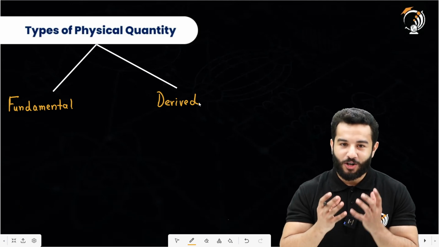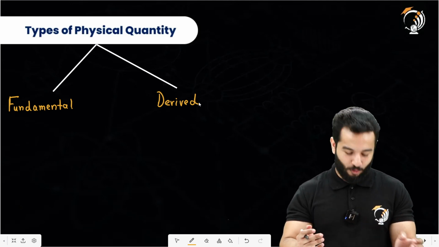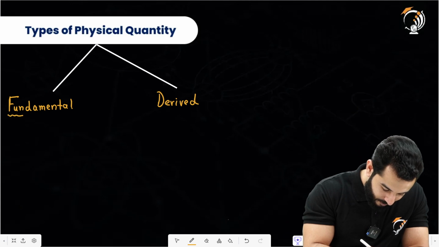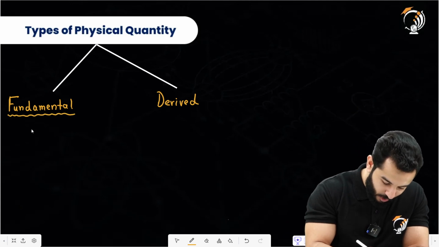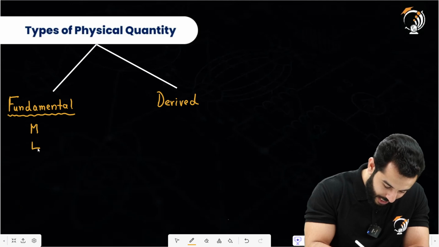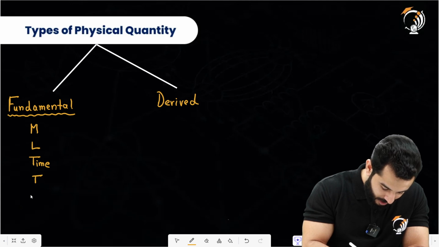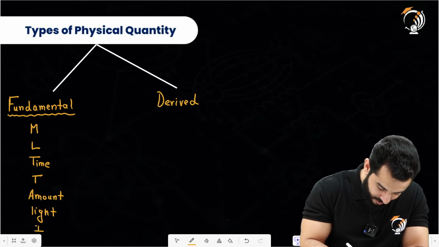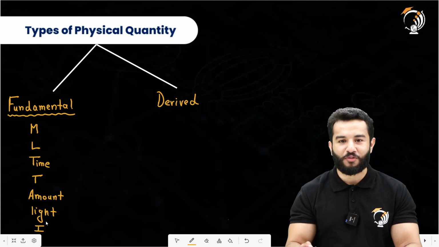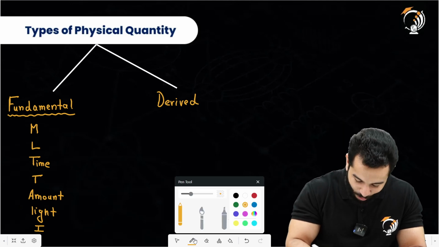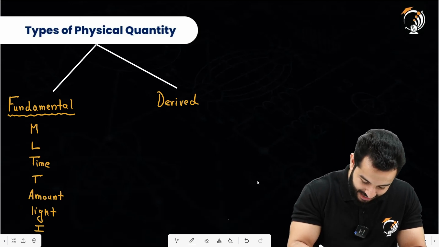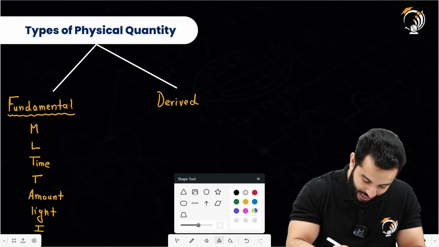Those quantities which are not derived quantities are fundamental quantities. For example, we have already talked about this: mass, length, time, temperature, amount of substance, light intensity, and current. Let me just write I for current. And then all the other quantities are known as derived quantities.